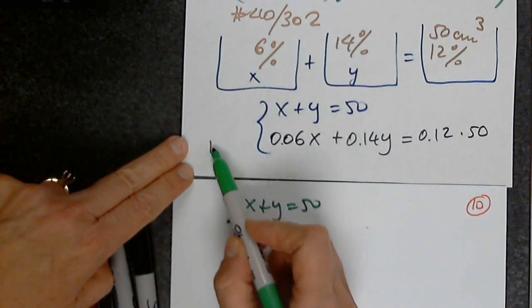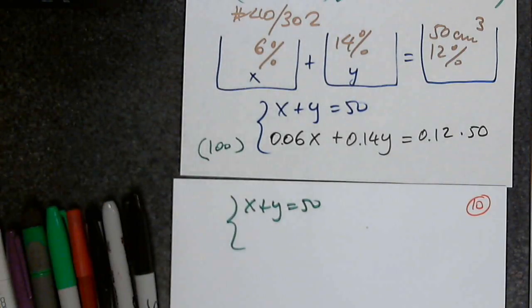I do recommend multiplying the second equation by 100 if you want. It's not a must. I think it's easier if you do that.